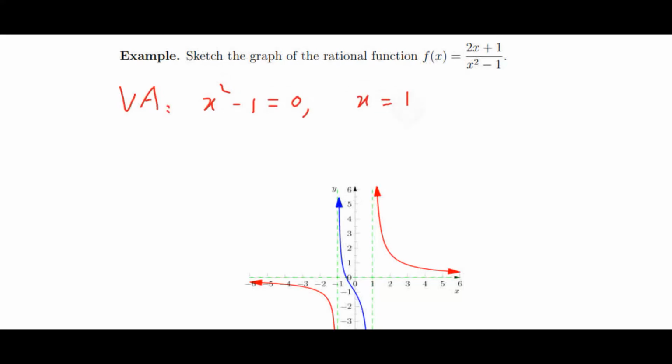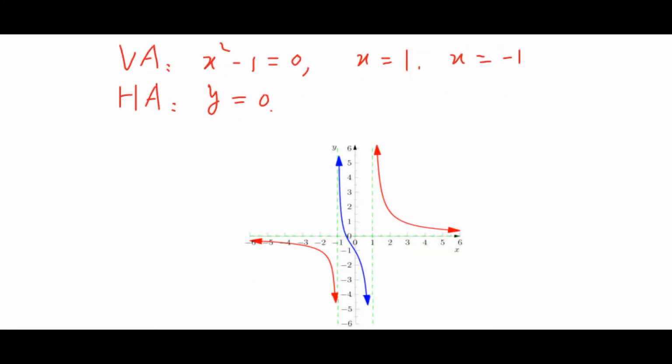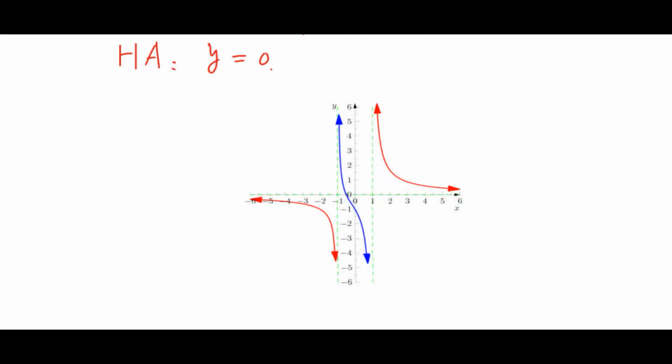We have two vertical asymptotes, right? x equals 1 and x equals negative 1. And we have the horizontal asymptote, which is y equals 0, just x squared over x squared, right? So once we have those asymptotes, we can sketch the graph.